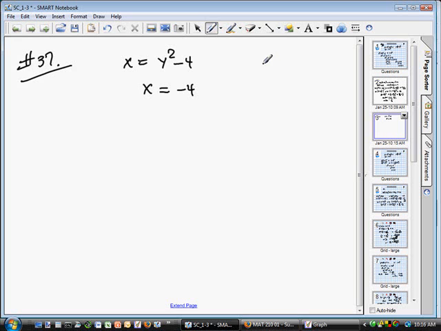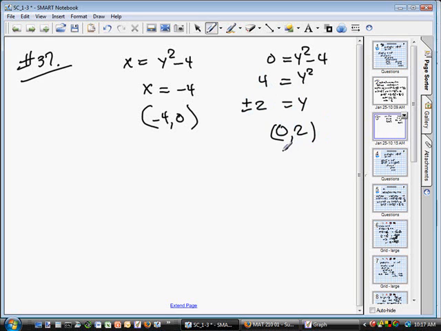So anyway, the x-intercept is -4, 0. Okay, for the y-intercept, now you set x equal to 0 and solve for y. You're not going to think this one's very hard either, but that's okay. Anyway, so now you have two of them: 0, 2 and also 0, -2. So there are two y-intercepts and one x-intercept.